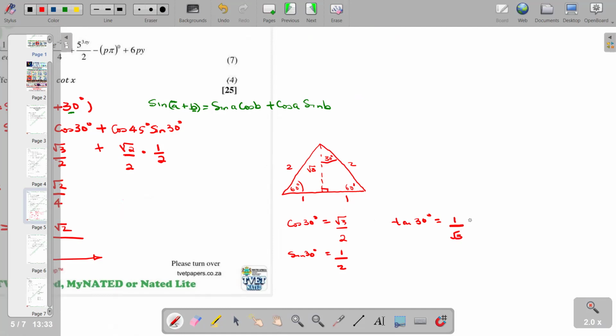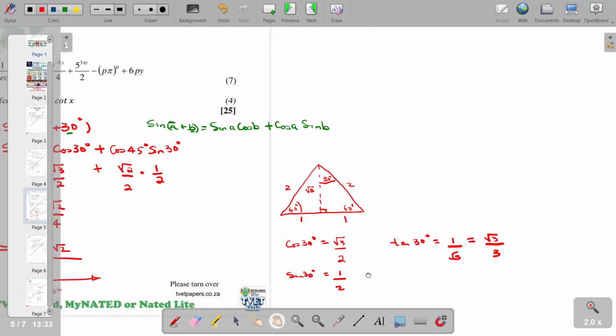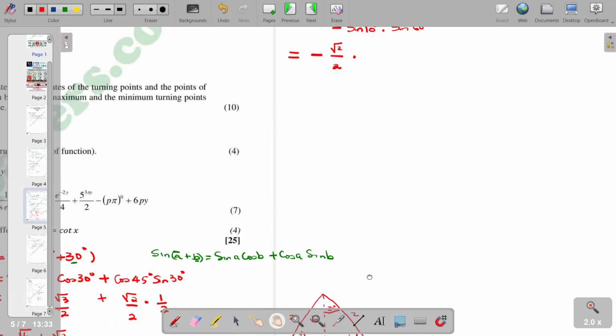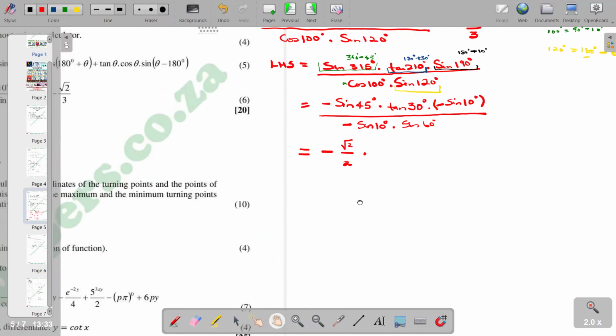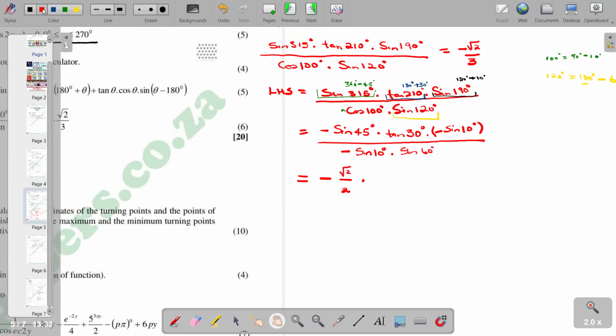If you want to rationalize this, multiply the numerator by root 3, it's root 3, and multiply the denominator by root 3, root 3 times root 3 gives us 3. So root 3 over 3 becomes our tan 30 degrees. So you just go and put that: for tan 30, it's root 3 over 3.